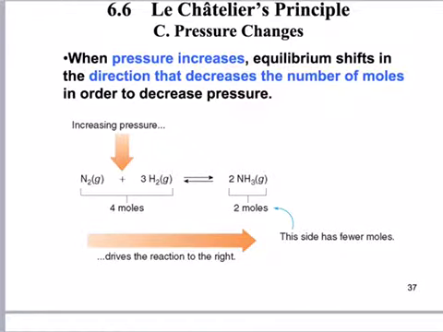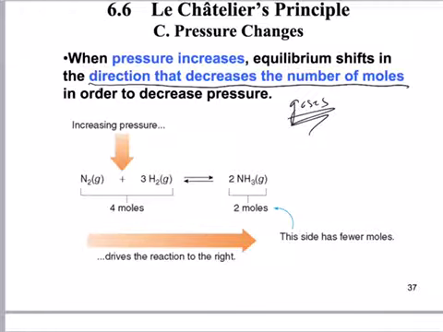Now, pressure changes. Pressure changes are going to change the direction to decrease the total number of moles of our system. And this only works for gases. If you change pressure on something that's not a gas, it doesn't matter. So if I have my ammonia reaction here, I've got a coefficient of 1 in front of the nitrogen, 3 in front of the hydrogen. That's 4 total moles.